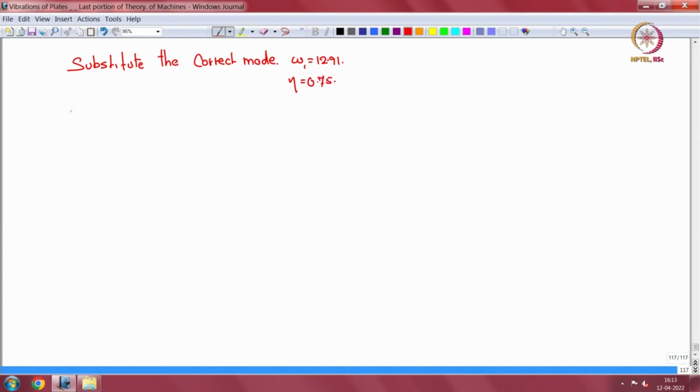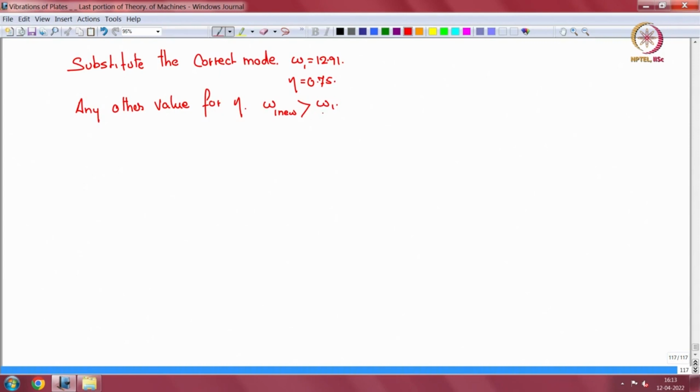If you substitute any other value for eta, any other shape, any value for eta other than 0.75, then you will get an omega 1 new which is greater than omega 1. Okay.